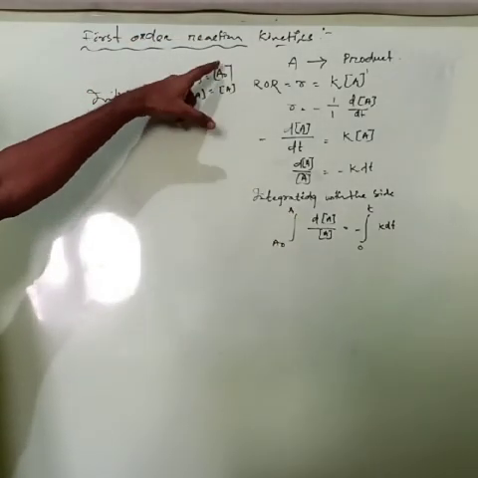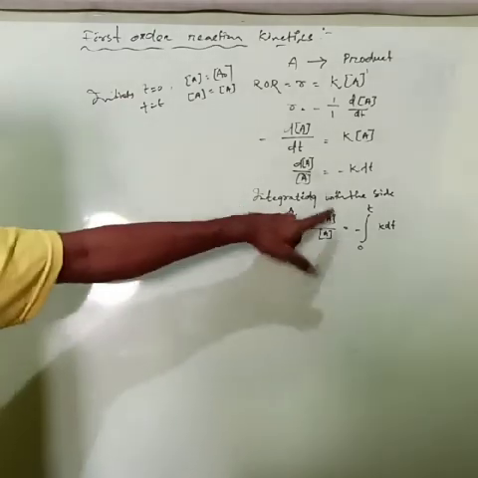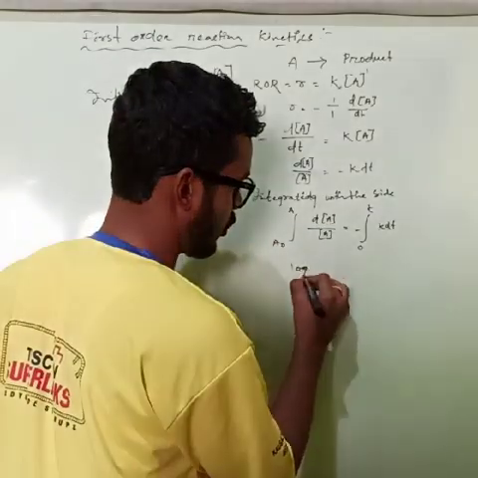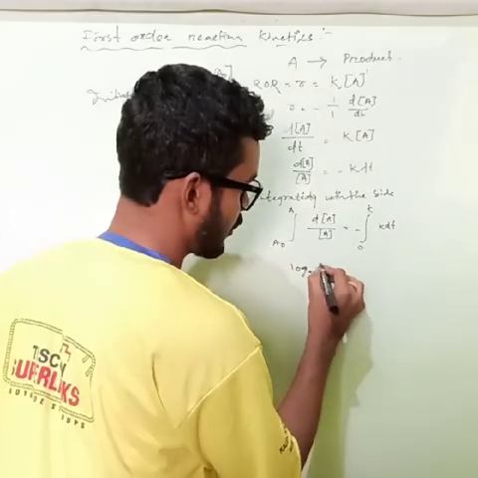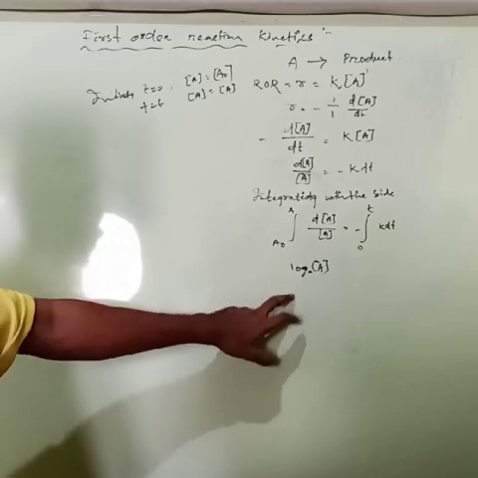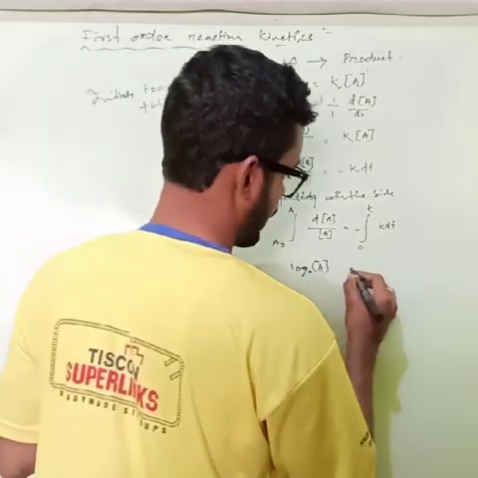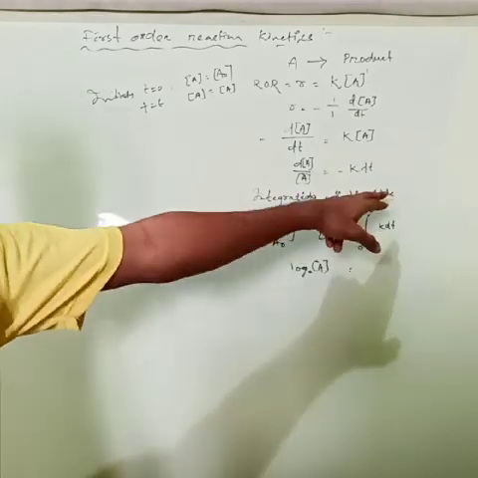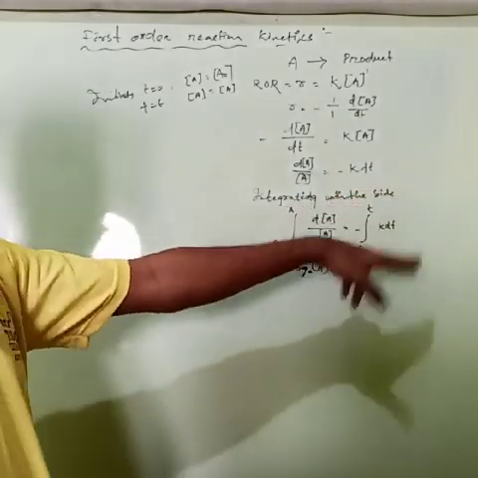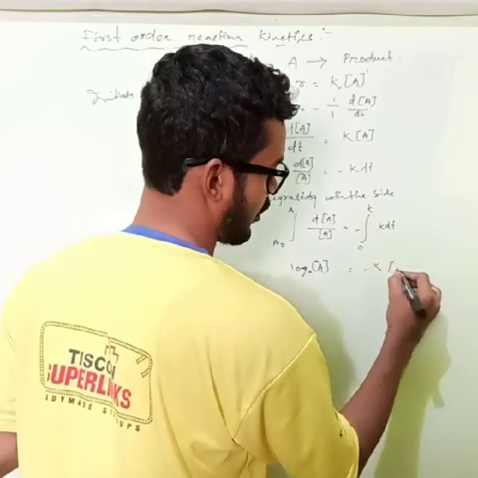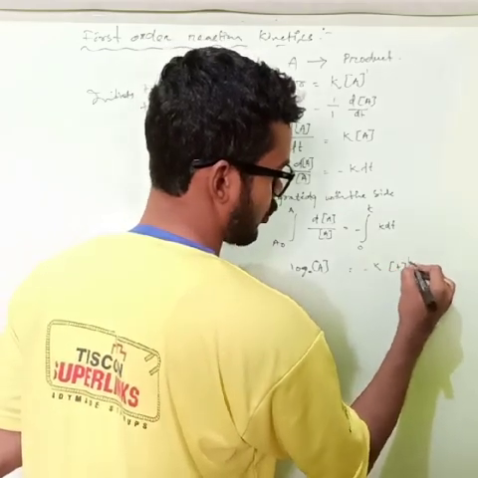So what will be the value of this? This is nothing but log e A, equals, this is again 0 to t, so what you will get? This is constant minus K t, from 0 to t.